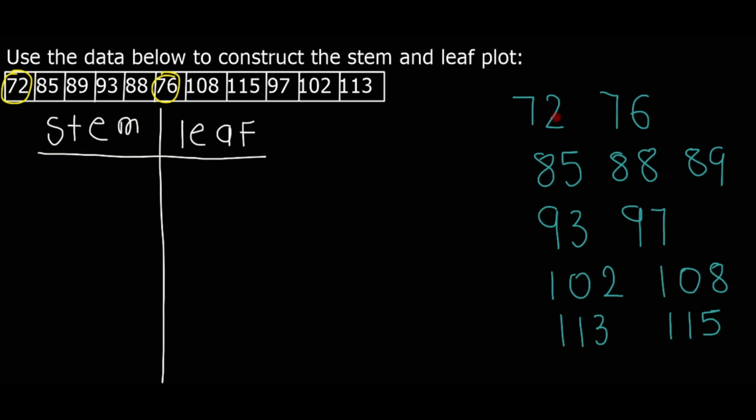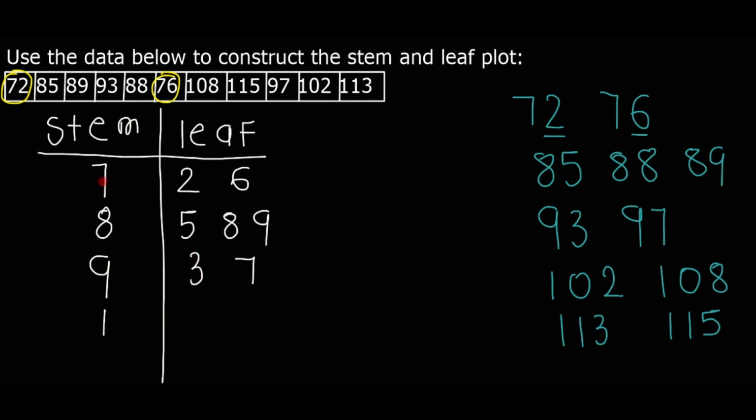So for 72, 76, this one will be 7, and then I write 2, and then I write 6, because remember the leaf is always the last digit. And then the next it's 8, and then I write 5, I write 8, and then 9, and then here I write 3, and then 7.